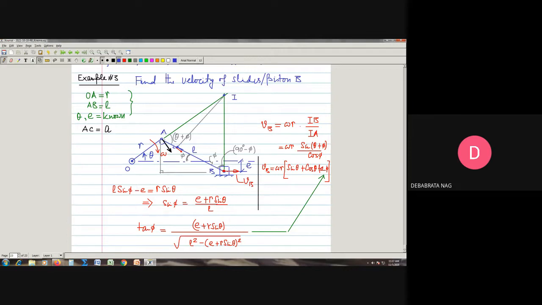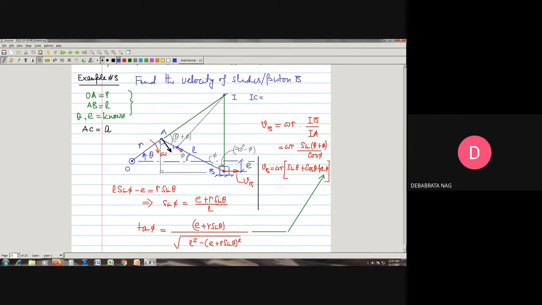If this AC is known, then this angle is known, theta plus phi. Using the cosine rule, I can also find out this distance IC, because AC is known to be equal to A. IC will be equal to, we can write it here, IA, which is of course known previously from this triangle.